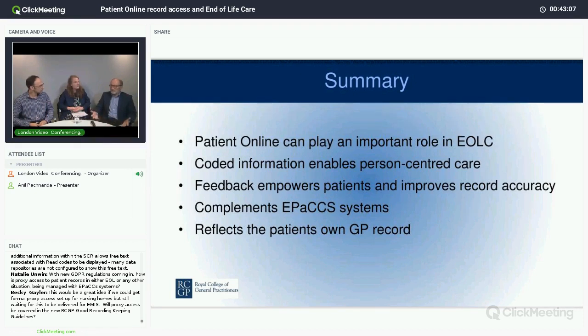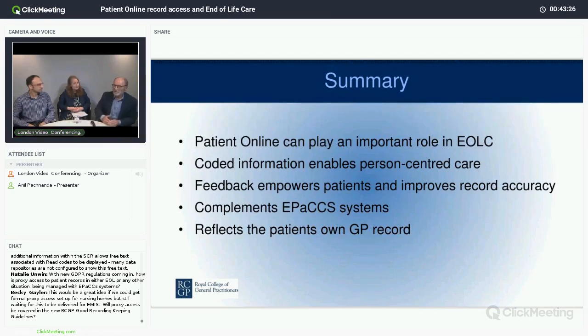I think there's always this concern, isn't there, that if you open up records, and particularly if you open up either consultation notes or hospital letters, it would appear that there may be an untimely delay in a practice acting on something.